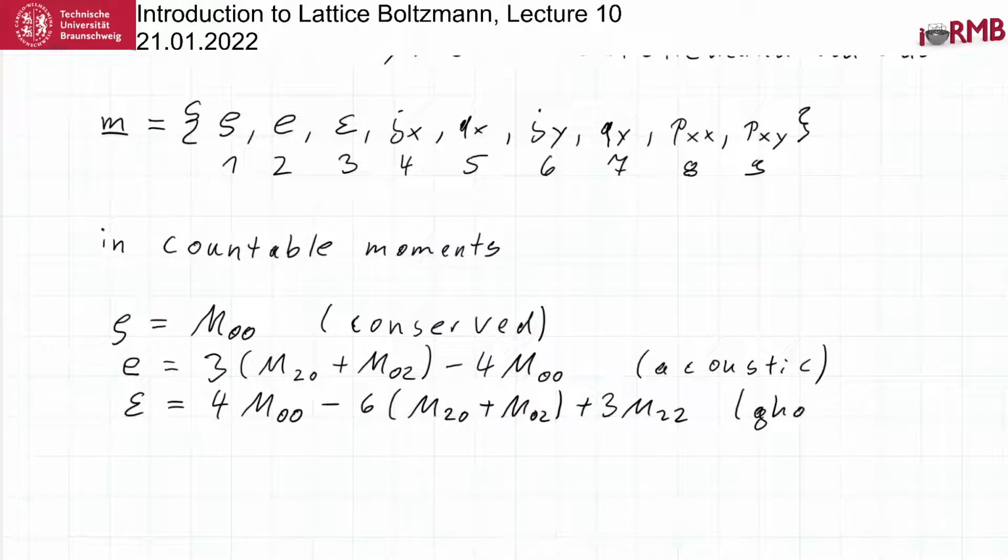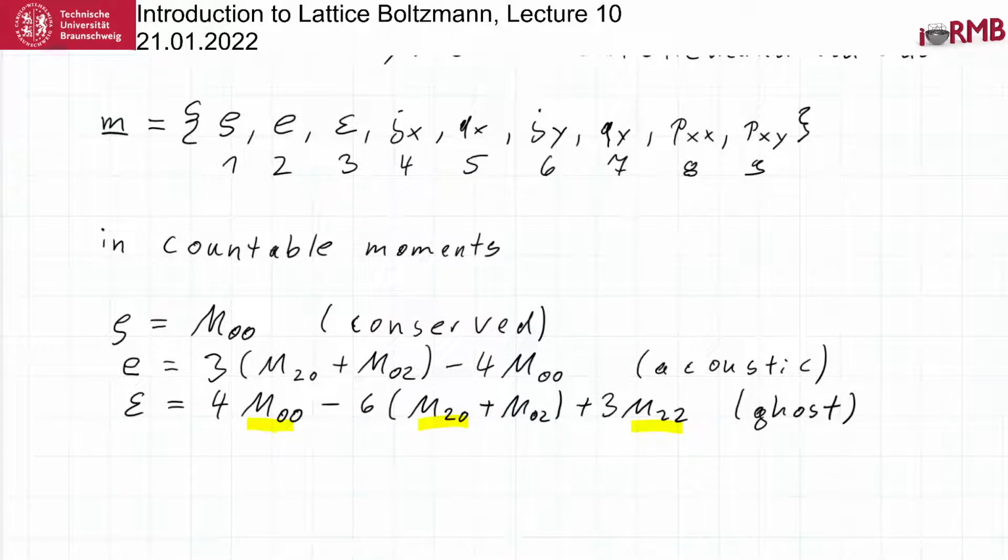By the way, what you observe here is that this sum contains moments of different order. So this here is the zero order moment, this is the second order moment, and this is a first order moment. And they sum them together and get an epsilon.